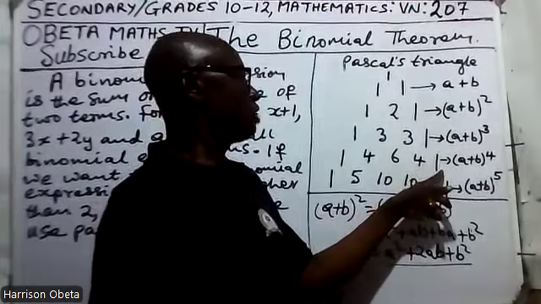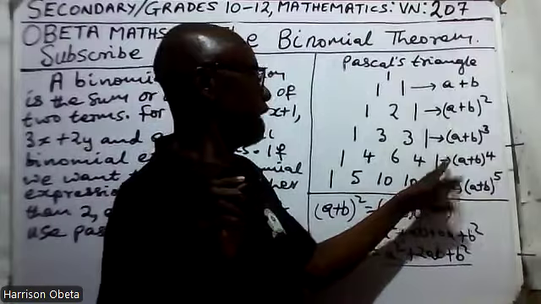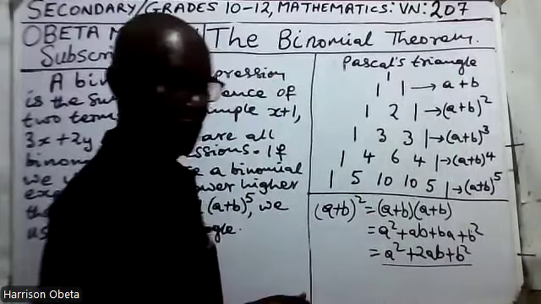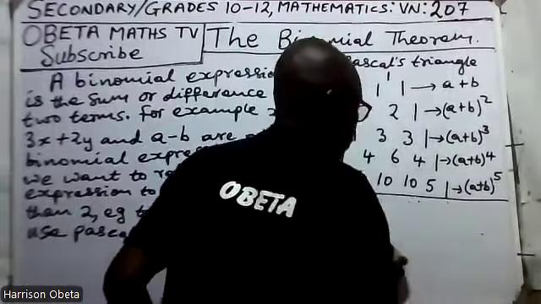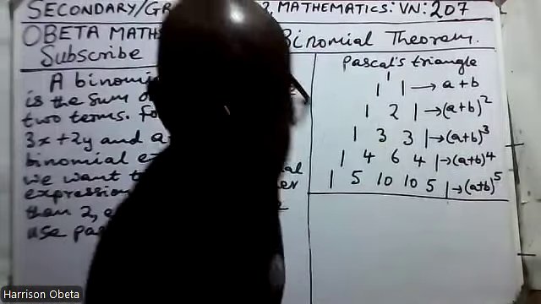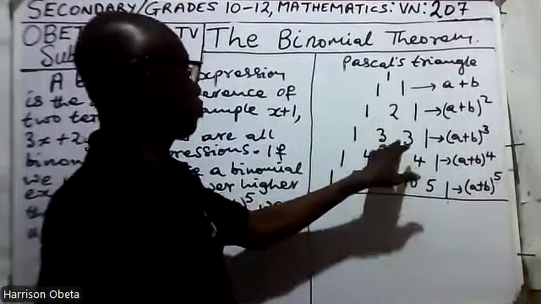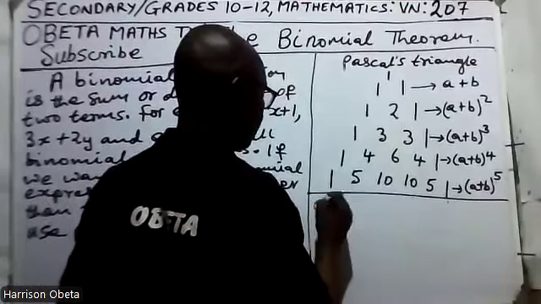Now, the final coefficient will go with the last letter, which is b, as we are having it here. So let's see how we can do it. Now, I want to use this method to write the value of this, which is what I have here.